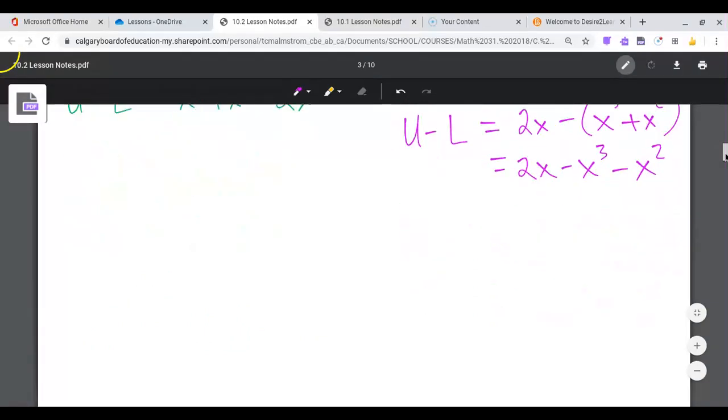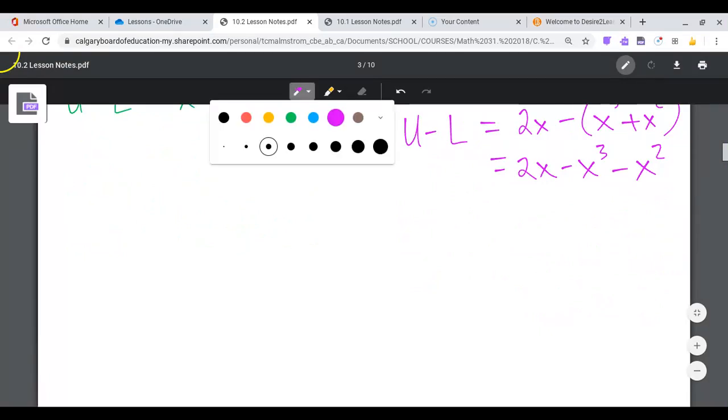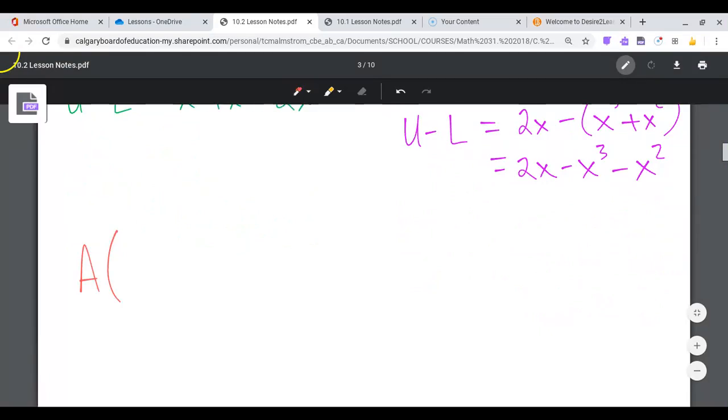And now we're going to calculate the area. Okay, so the area of the entire question, the furthest right boundary on this is 1. So this is equal to the first region, and the first region goes from -2 to 0 of my first region's function, which was x cubed plus x squared minus 2x dx.